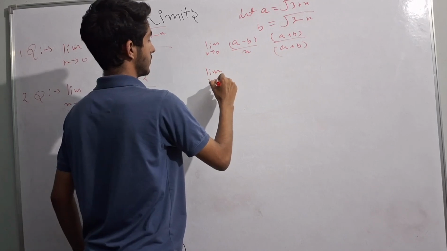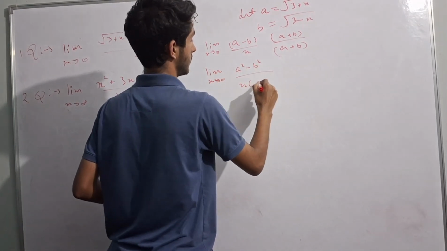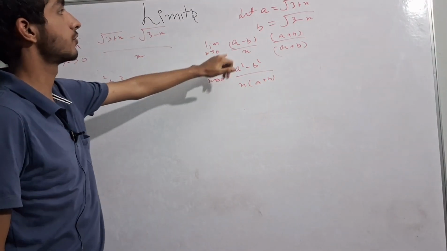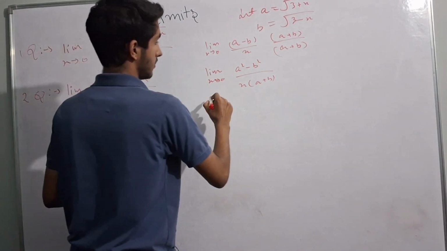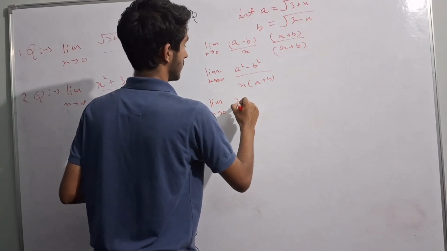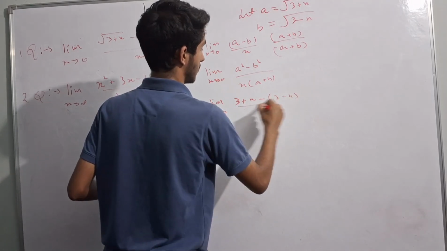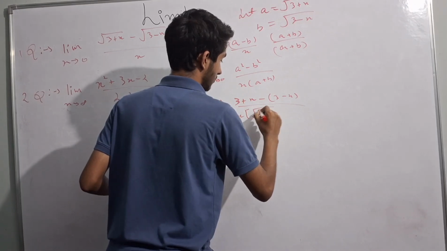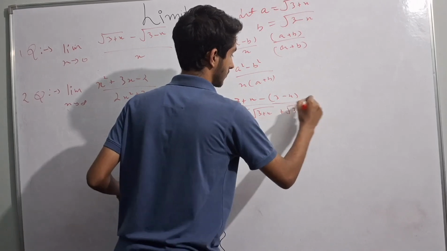So limit x tends to 0, (a square minus b square) upon x into (a plus b). So I will plug in the value of a square, which will be 3 plus x, and b square would be 3 minus x. So I'll do limit x tends to 0, (3 plus x minus 3 minus x) upon x into (root 3 plus x plus root 3 minus x).